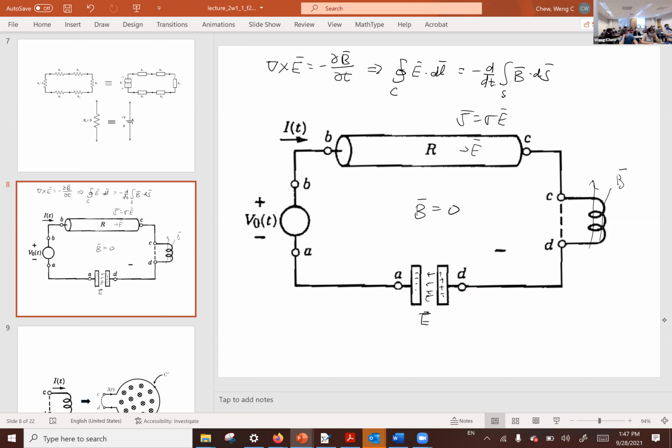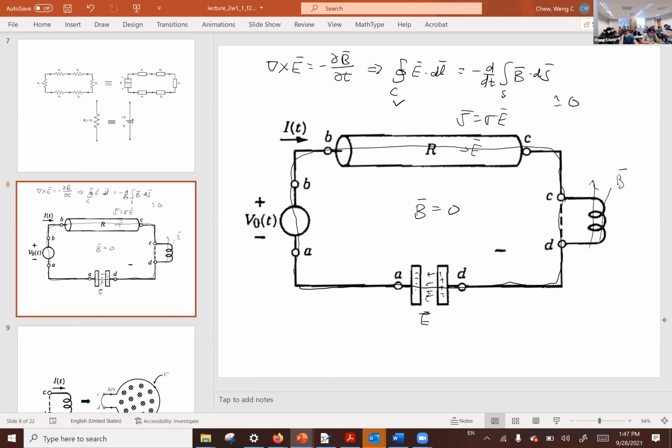So you think that if you integrate like this, sidestepping the inductor, we didn't go inside the inductor.